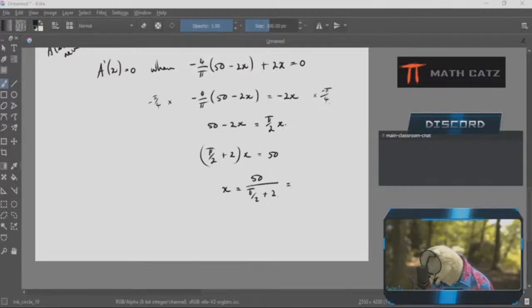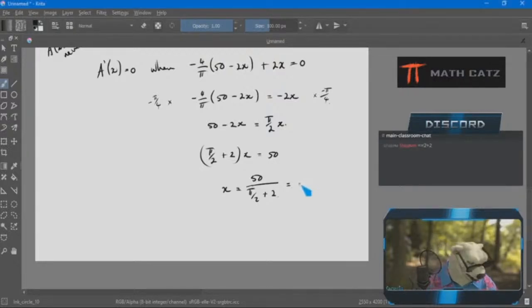So let's see here, 50 divided by bracket pi over 2 plus 2, close the bracket. What do I get? I get 14.0025 if I round it.